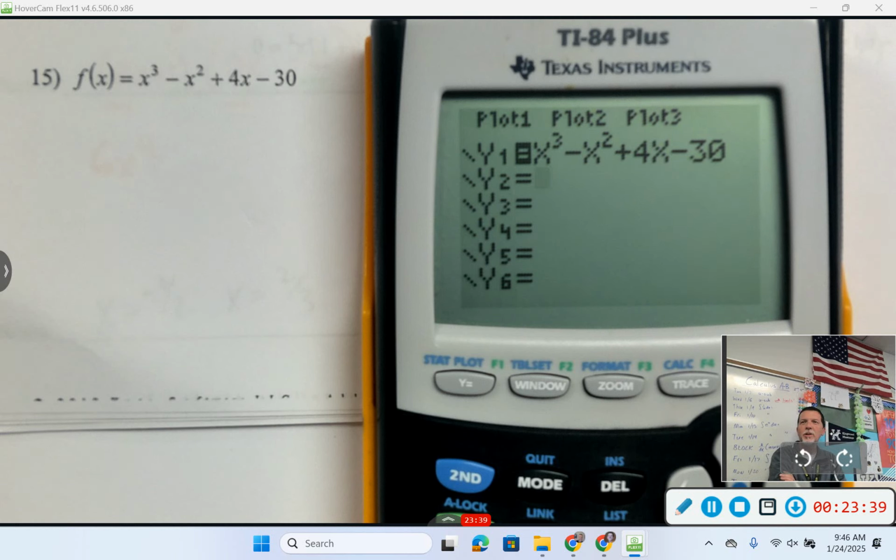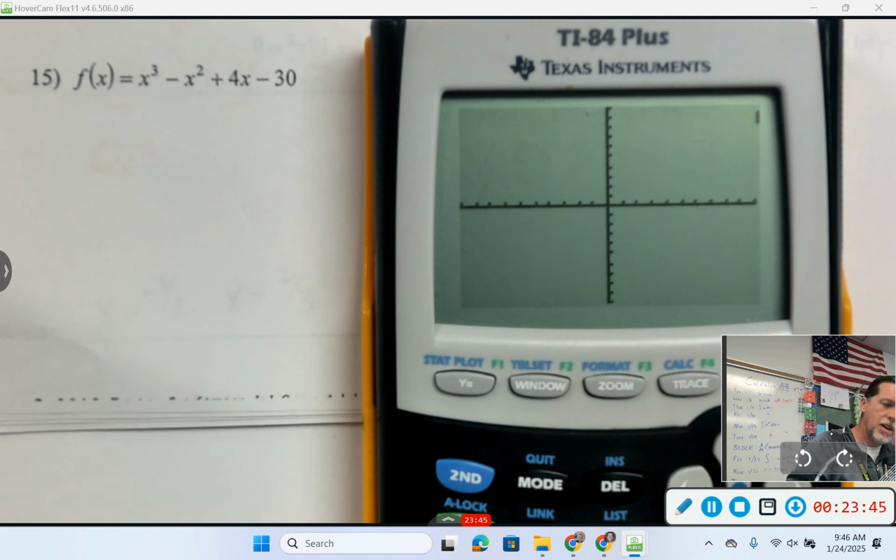How many zeros are we going to get? 3. We should get 3. Doesn't mean they're all on the calculator, but there should be 3. Go to the graph. How many real zeros do you see? 1. But that's okay. We can find the 1.